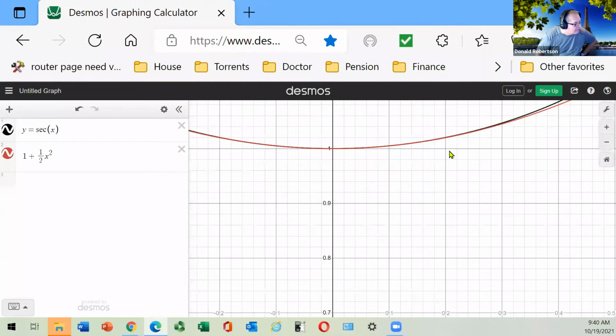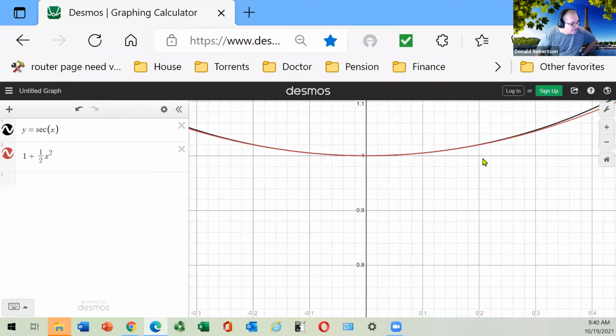Oh, come on. Is that not a pretty accurate fit? I mean, for any engineer, wouldn't you be quite happy to use that quadratic for the secant function, as long as it's not, you know, miles away, right? 0.2, negative 0.2. Who knows? I wouldn't even want to guess. It could be, what, 6 decimal places good?